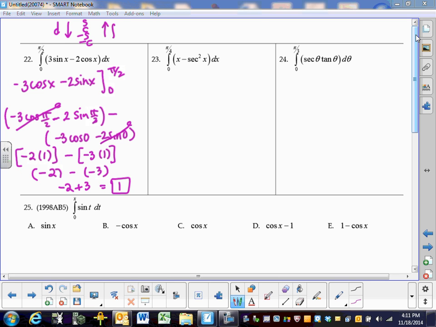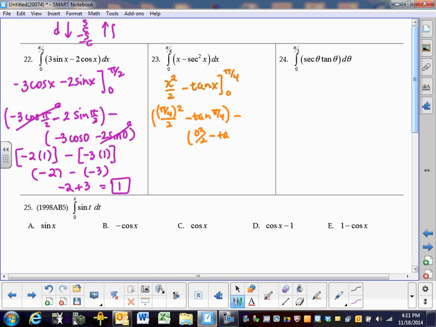All right, so going backwards from x is x squared over 2. Going backwards from negative secant squared is negative tangent. Then from 0 to pi over 4. So the top, pi over 4 squared over 2 minus tangent pi over 4, minus the bottom, which is 0 squared over 2 minus tangent 0.